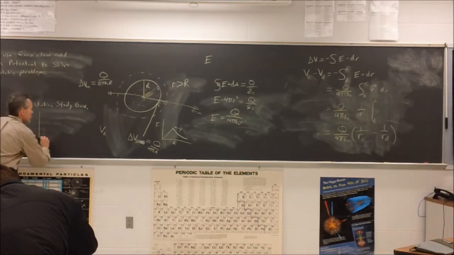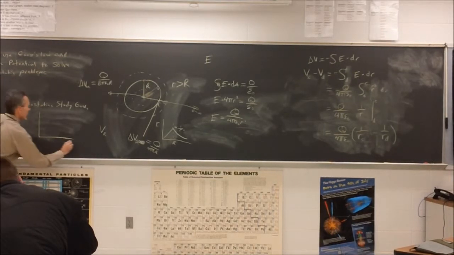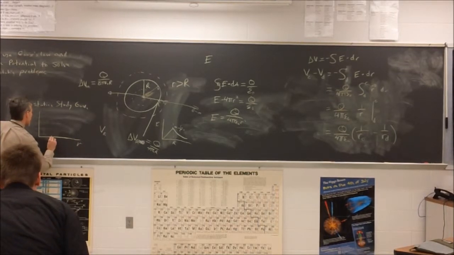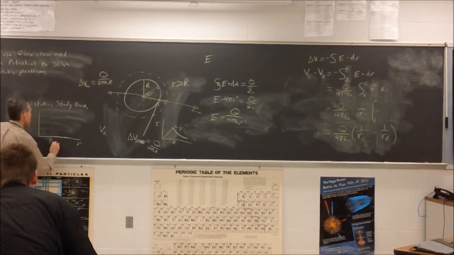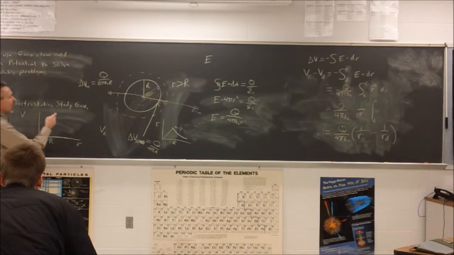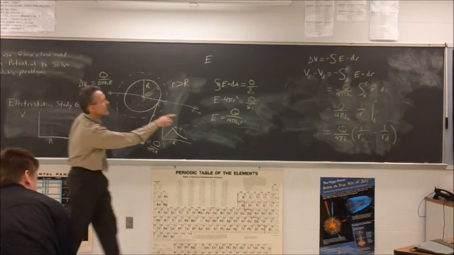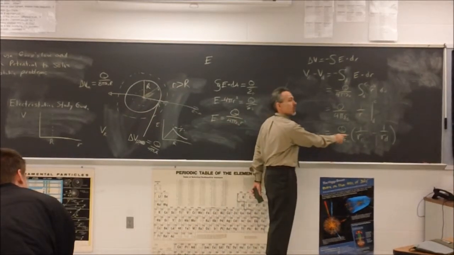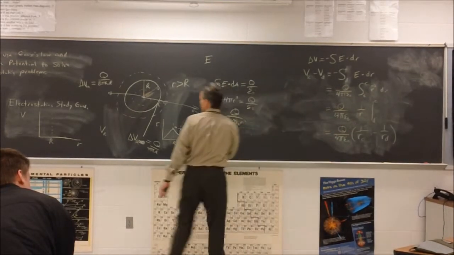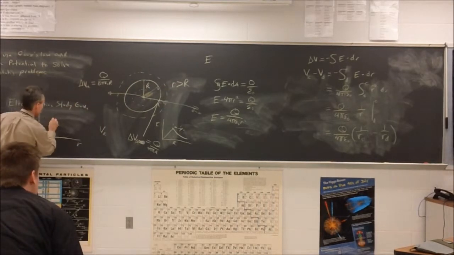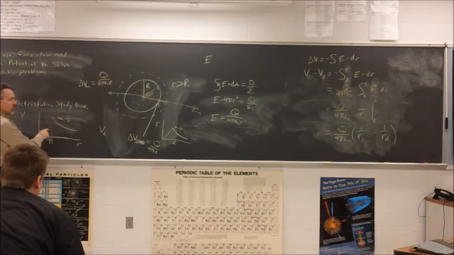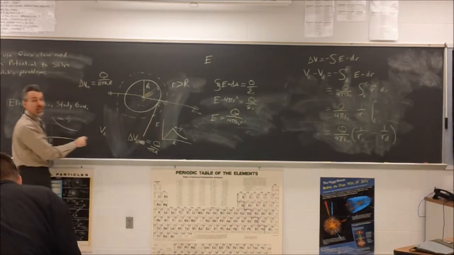So let's really quickly look at what the potential versus r graph looks like. Again, I want to draw in R here. Okay, outside, we just found it was what kind of relationship? Inverse. So it's proportional to 1 over r, right? The derivative of this gives me that. Actually, the negative derivative of that gives me the E field.